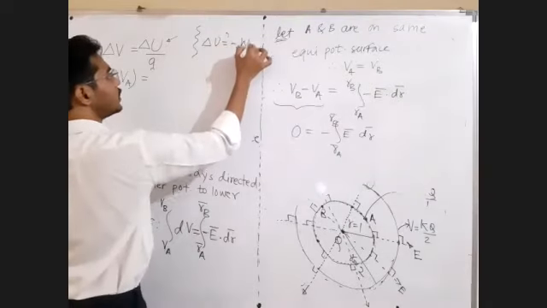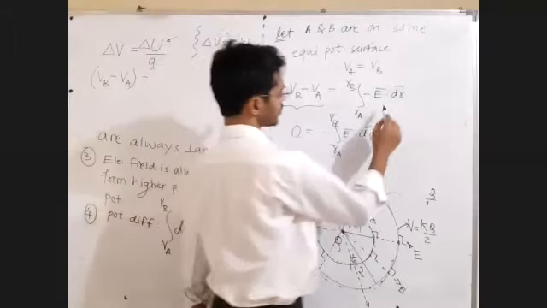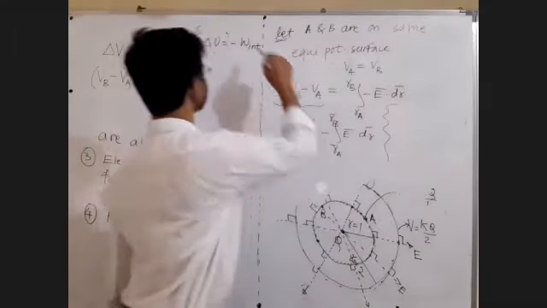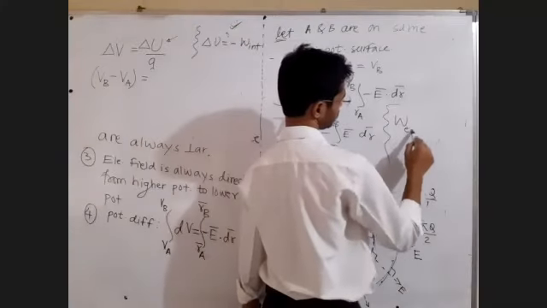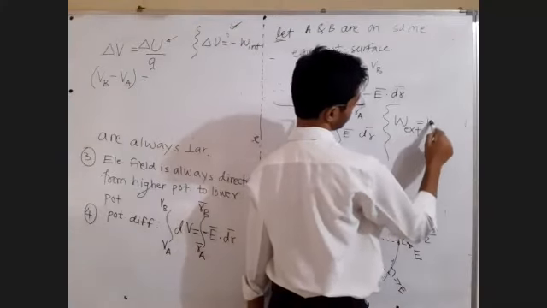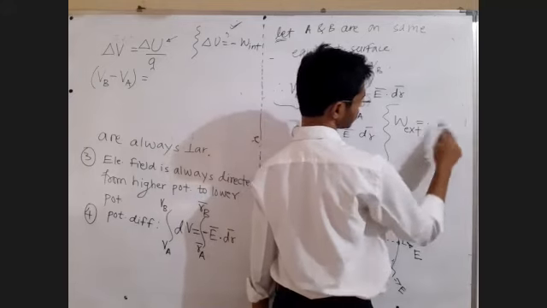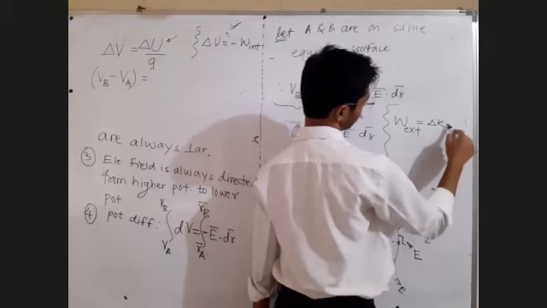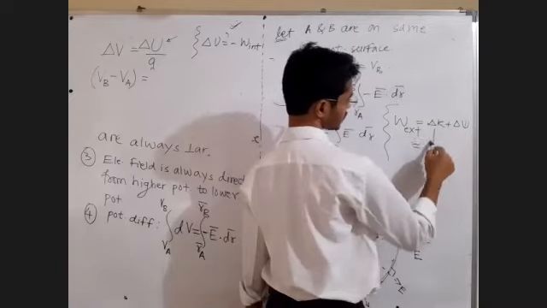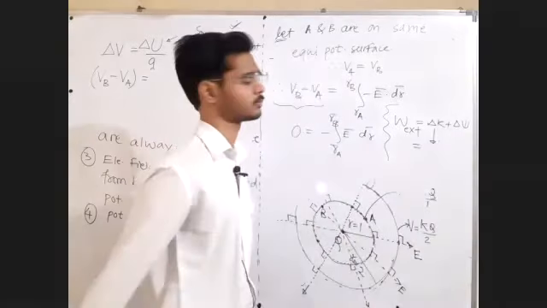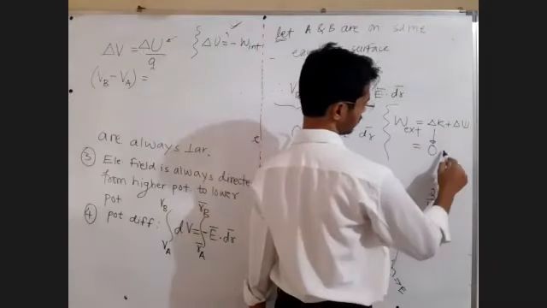So potential energy change is minus W internal, and this point you already know. The work done by the external forces is spent in two ways. First is changing kinetic energy. Second is changing potential energy. If you move the charge without acceleration, kinetic energy change will be 0.